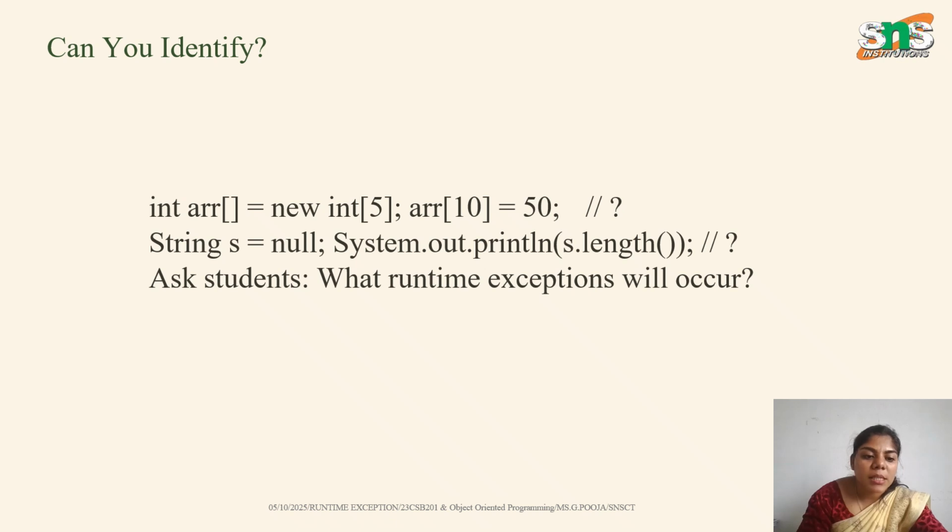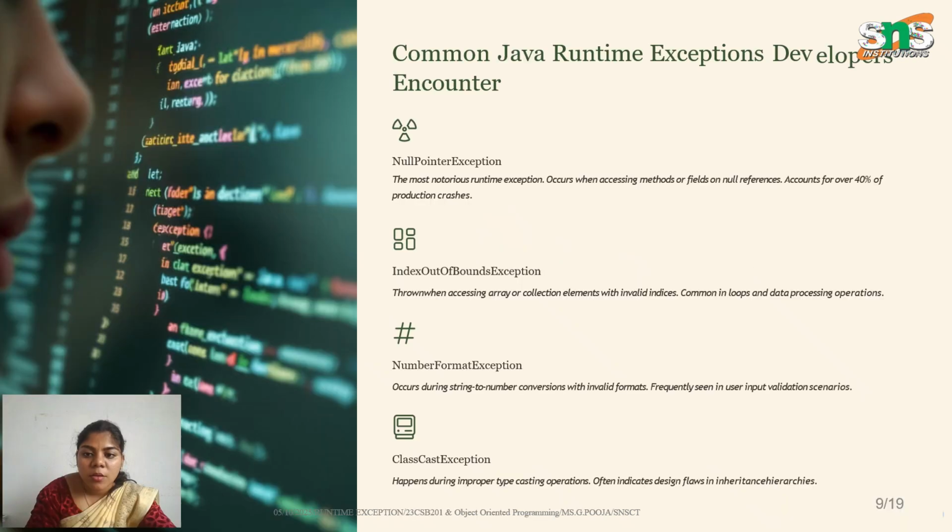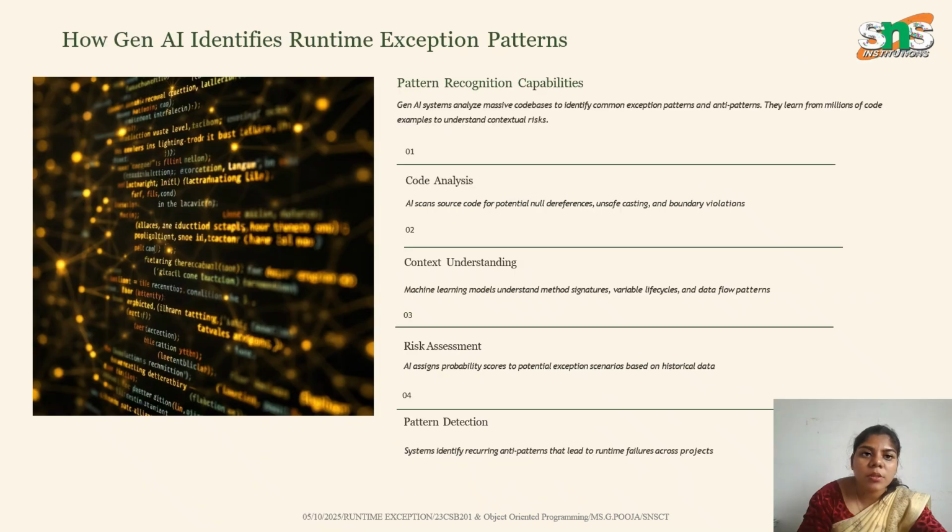NumberFormatException occurs when converting an invalid string into a number. ClassCastException is thrown when attempting to cast an object into an incompatible type. So these are everyday coding issues, but the good news is AI tools can now help detect and prevent them. These are the common Java runtime exceptions developers encounter.